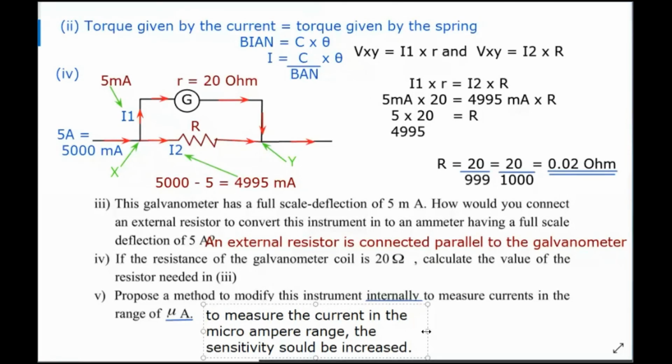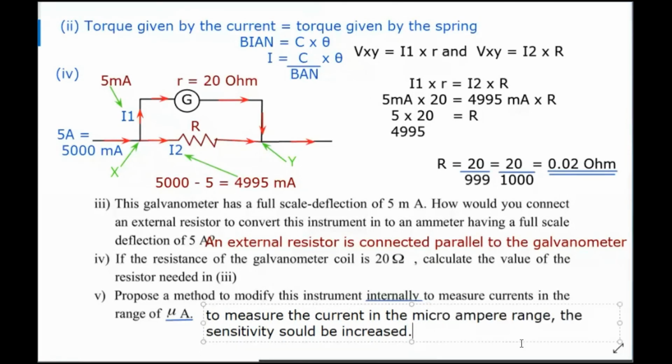Correct? To increase the sensitivity, what should we do here? What are the methods that can be used to increase the sensitivity, Lamai?